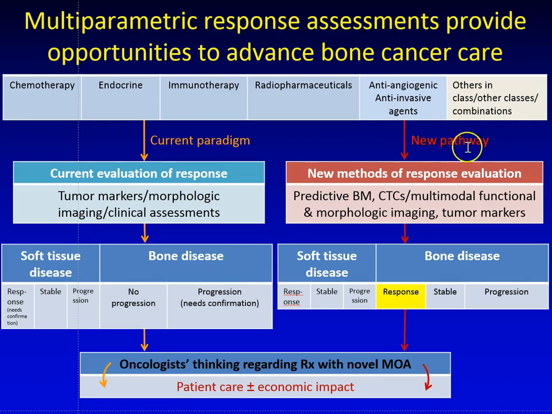New ways of doing this, including multiparametric MRI, allow you to look at bone disease and say this patient is responding, this patient is stable, this patient is progressing, or is developing a heterogeneous response to treatment.